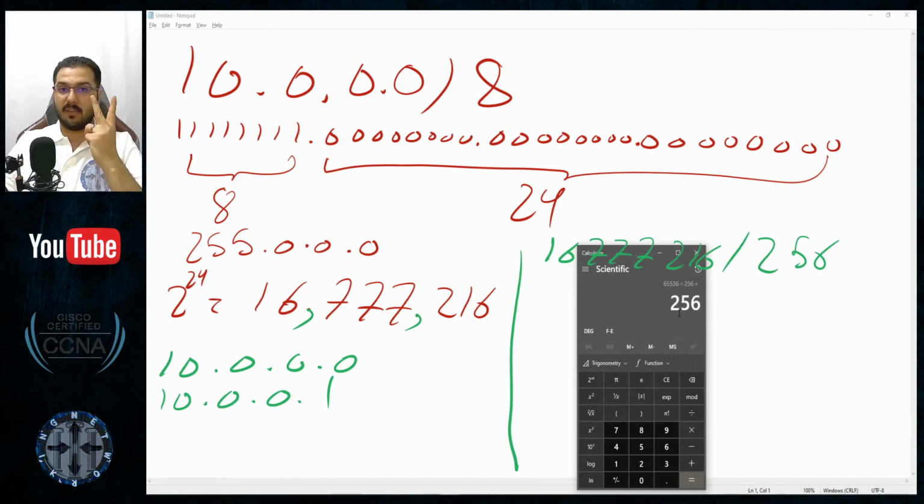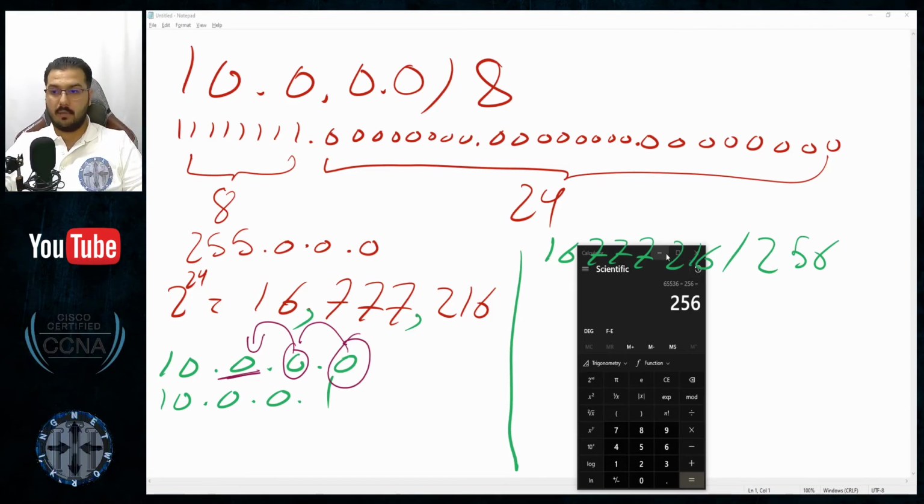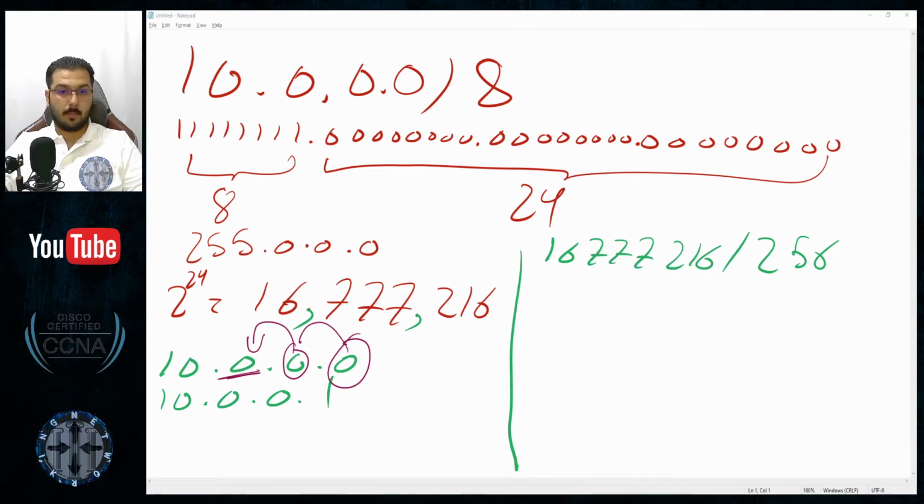What I did, I divided it twice. So I will jump 2 octets to the left. I will consider that this one is already full, jump. I divided twice, so this one is already full, jump. So I will start adding the increment value to this octet. So we reached the level of 255.